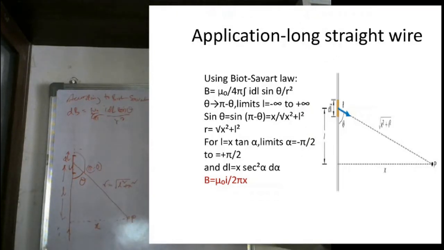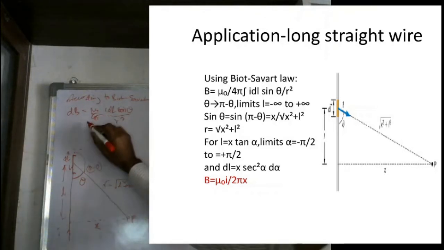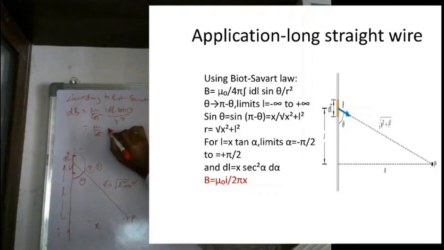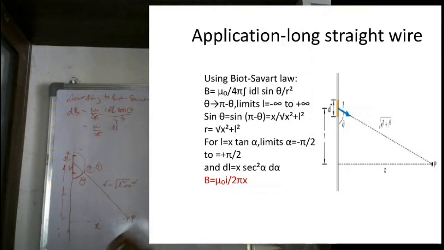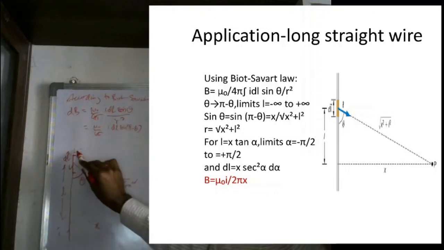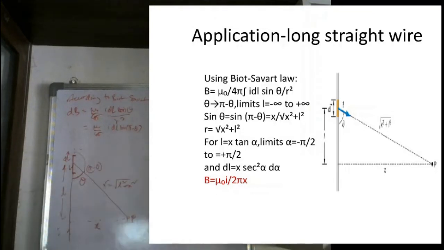Now let us apply this to our particular problem. Do you need any changes over here? Yeah, one thing you have to change here. This applies to your particular problem, but in the place of theta, you have to put pi minus theta because you need to take this angle in the Biot-Savart law.